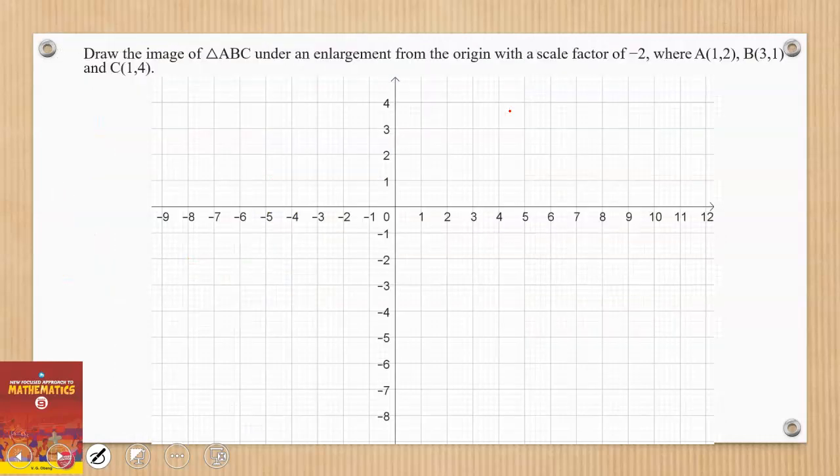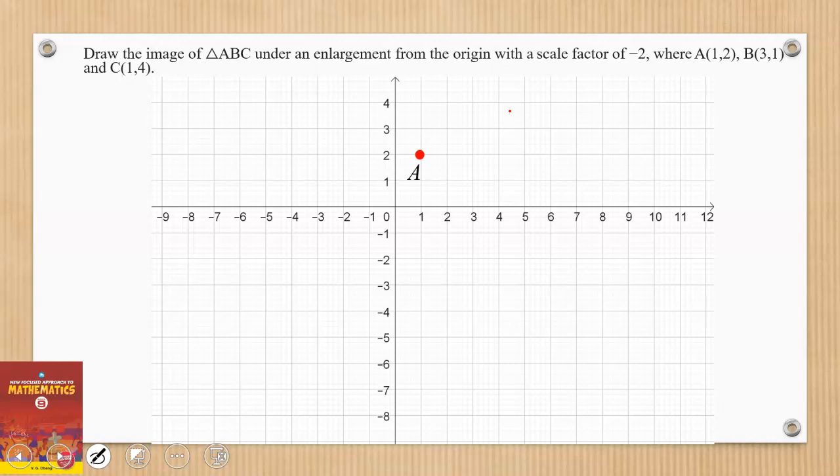In this case, we want to draw the image of triangle ABC under an enlargement from the origin with a scale factor -2, where A is (1, 2), B is (3, 1), and C is (1, 4). Again, let's plot the original points A, B, and C. A (1, 2) gives us here, that is 1 on the x and 2 on the y.